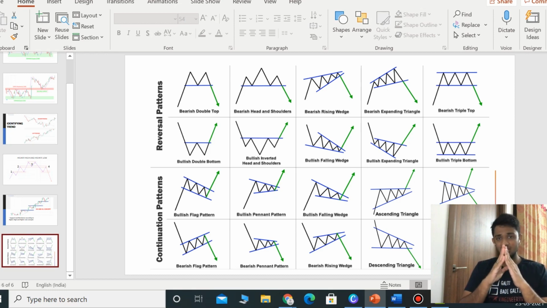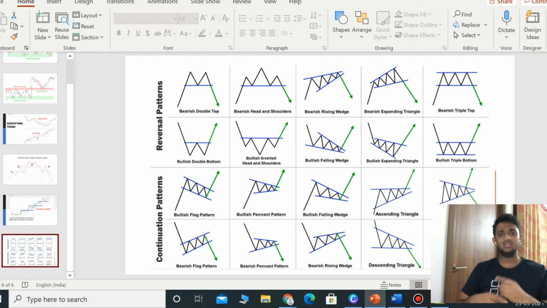When the wedge or triangle is broken, either on the bullish side or the bearish side: if it breaks on the bullish side, you can see the stock keeps going up. When it breaks on the bearish side, it keeps coming down. That is how you find it in wedge patterns or triangle patterns.